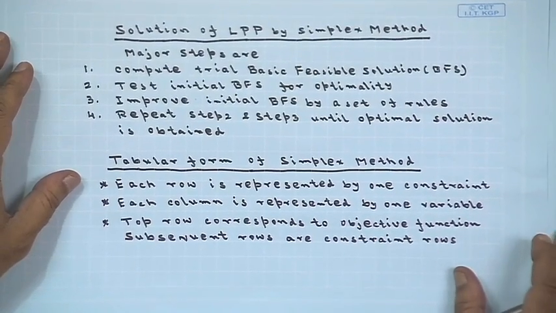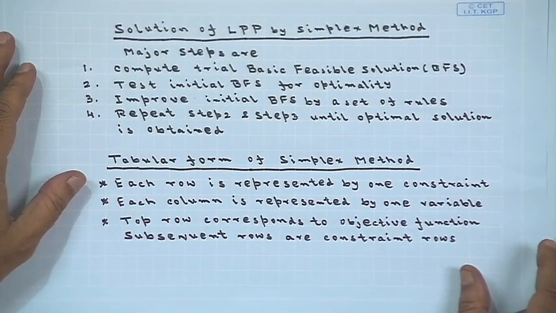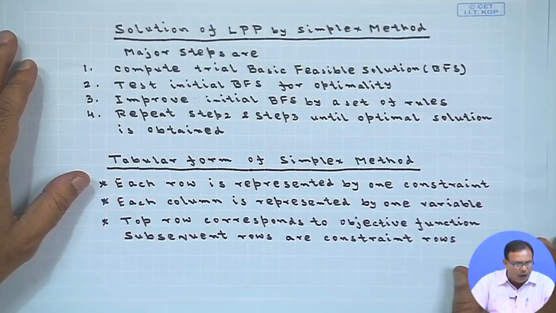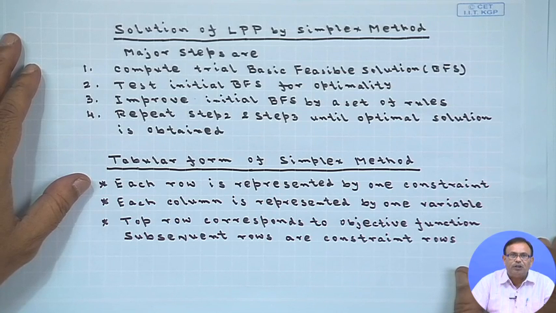Now, let us see what is the solution of LPP by the simplex method. What are the steps used in this particular method? The steps are: first, compute the trial basic feasible solution. As I have told, you have the feasible region, and you have to find out the basic feasible solution.